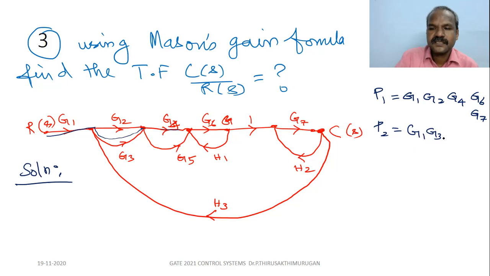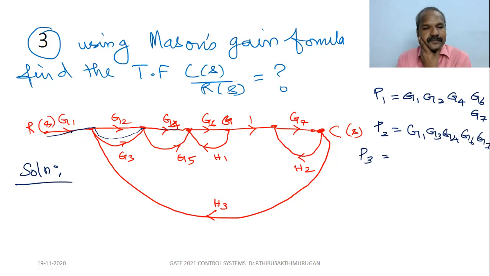What is P3? You can have G1, G2, G5, G6, G7.